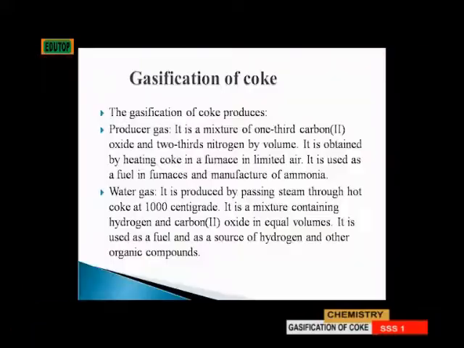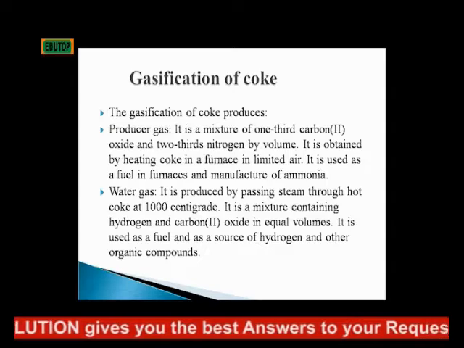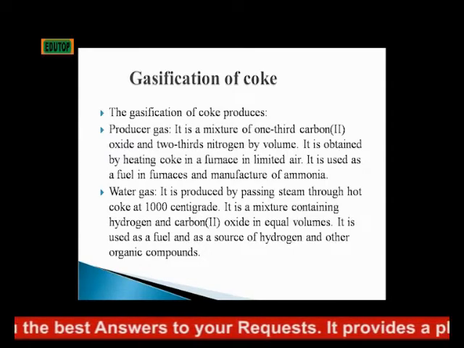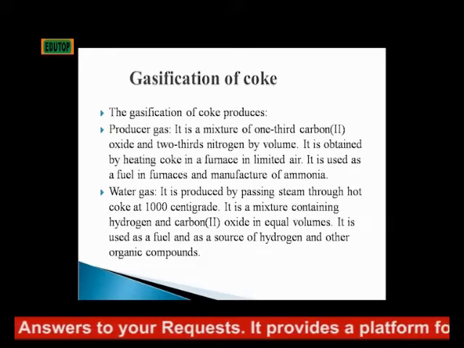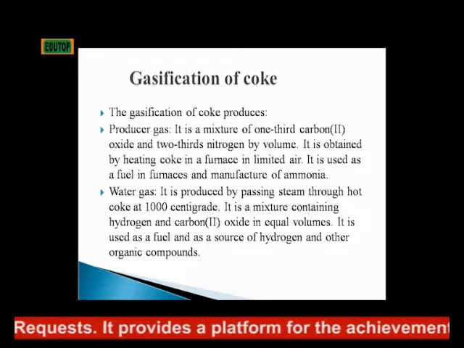Water gas. Water gas is the second component in the gasification of coal. How is it produced? It is produced by passing steam through hot coke at 1000 degrees Celsius.